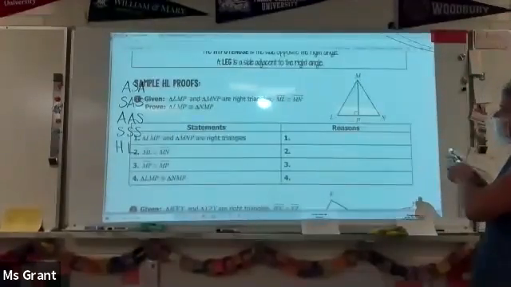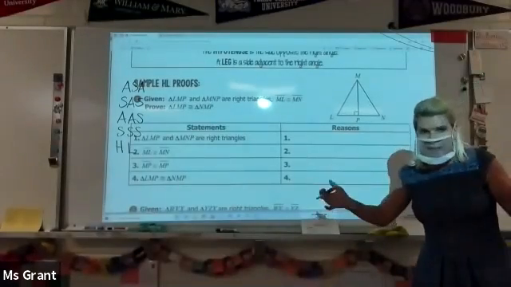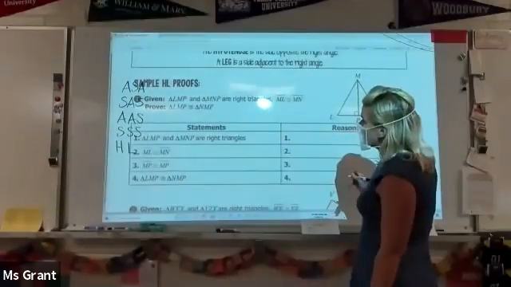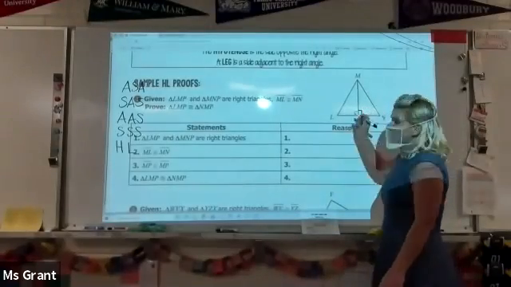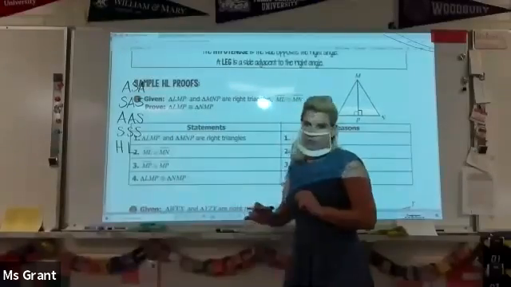Okay. Let's mark up the triangle with what we know. Obviously, this is going to be a hypotenuse leg question. Triangles LMP and MNP are right triangles. You cannot do hypotenuse leg unless it's a right triangle. That's for sure.